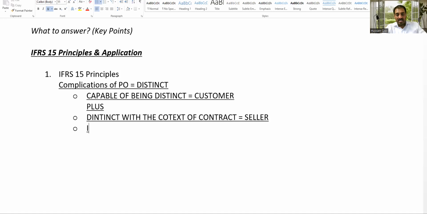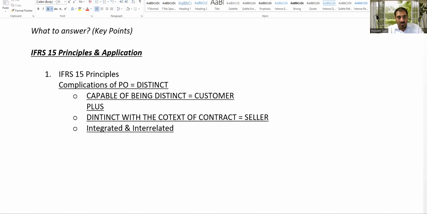In fact, here we will discuss a complex matter, the rule of integrated and interrelated services. If the services are interrelated or integrated, it means they work together. I'm not complicating the case here.